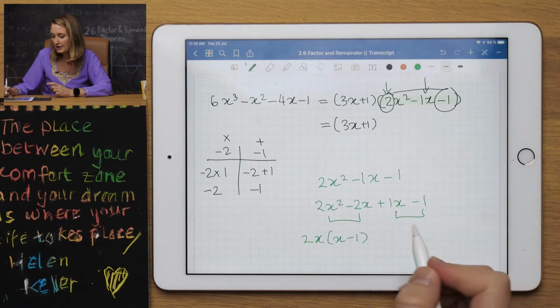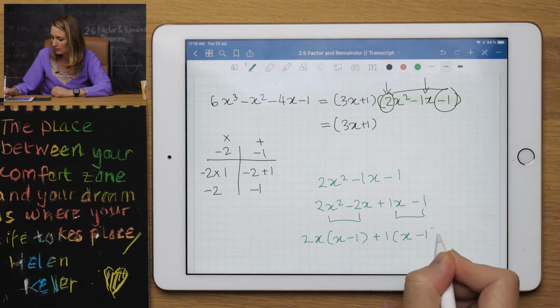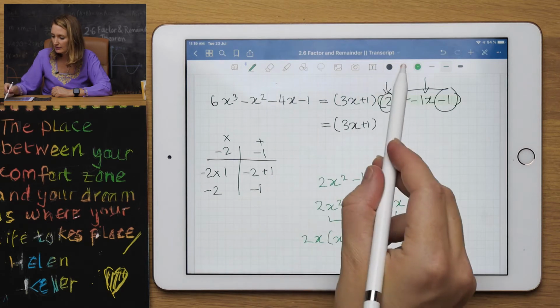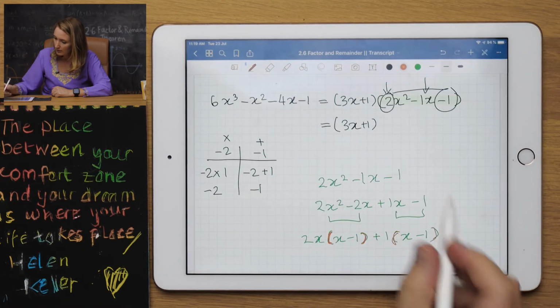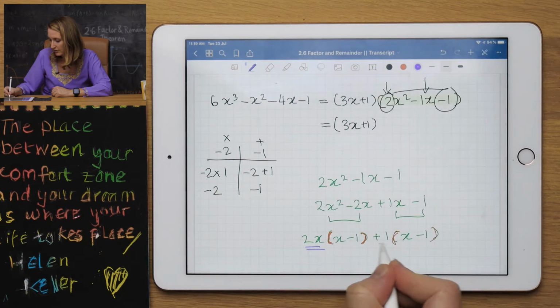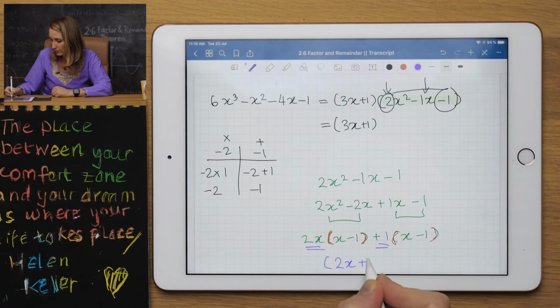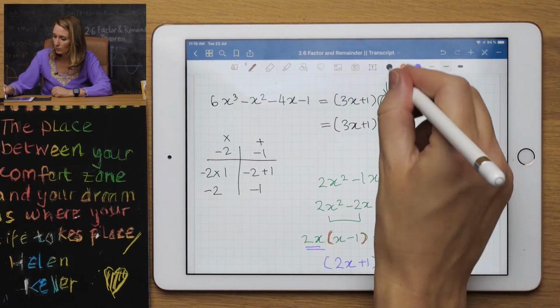From these two, we can't actually take anything out. So we take a plus 1. And now you can see these have a common bracket here. Okay, and the other bracket we can get from what's in front. So the first bracket will be 2x plus 1, and the second bracket will be x minus 1.